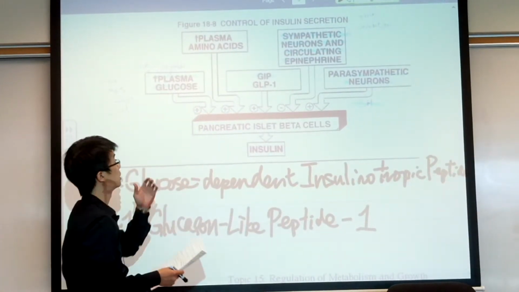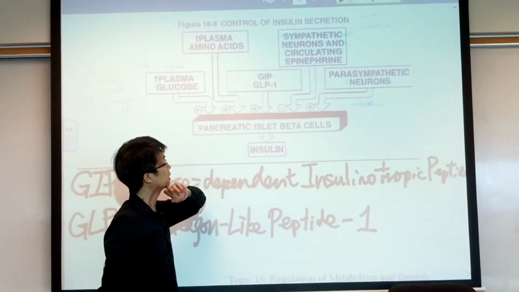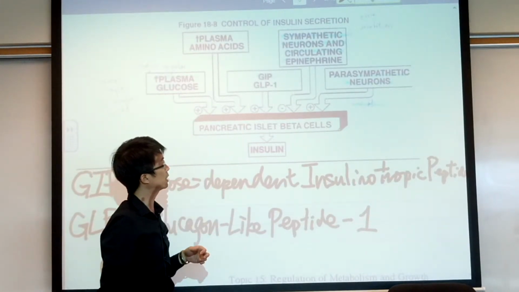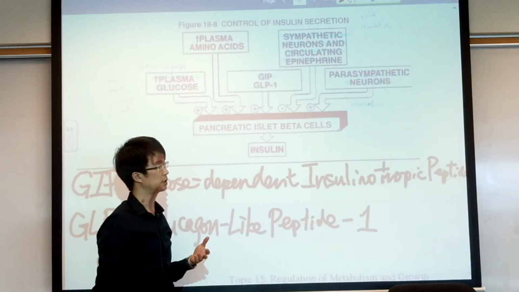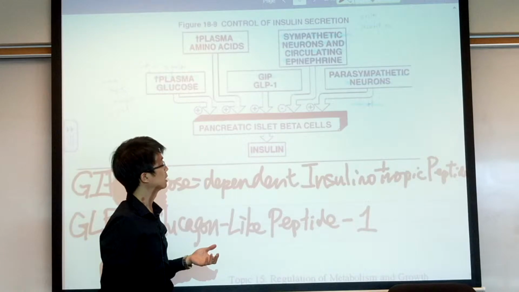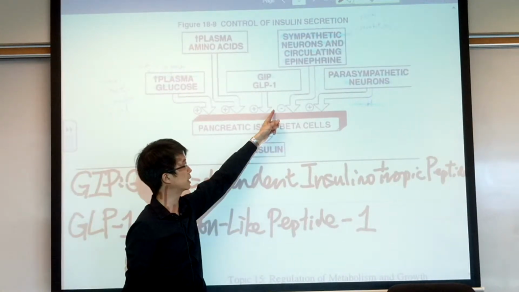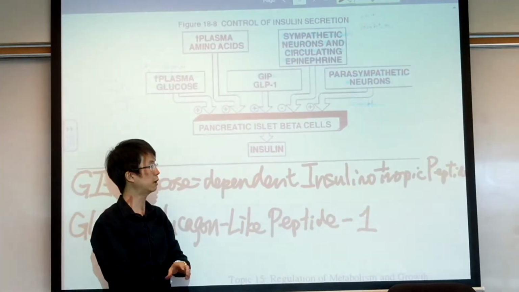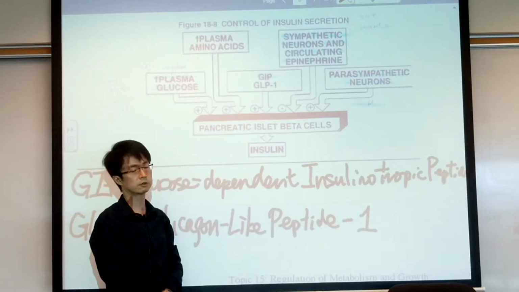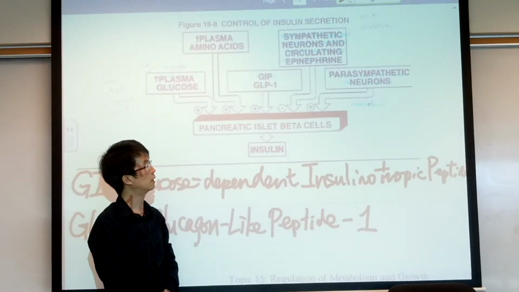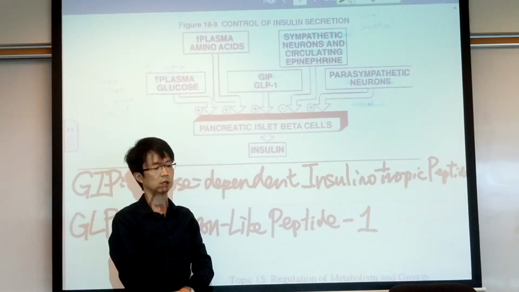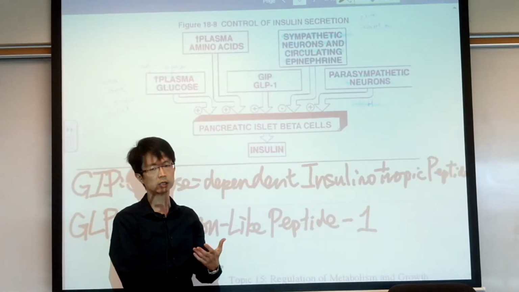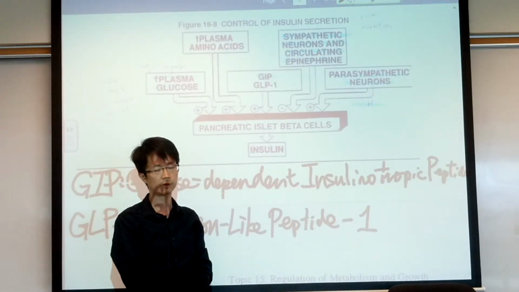And then, of course, when the sympathetic nervous system is activated and secreting adrenaline, epinephrine, these will actually inhibit the beta cell, inhibiting the secretion of insulin. The reason is that when you are under the sympathetic nervous system, you are in a dangerous situation, fight or flight.